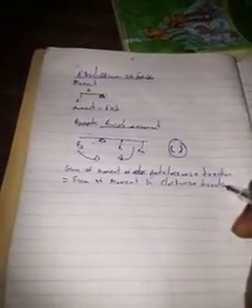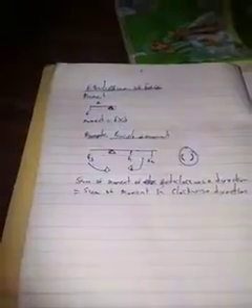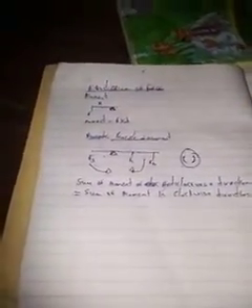I'm just trying to give a simple illustration. We are still going to Lami's theorem and the parallelogram law. But for now, let's just talk about the principle of moment, before we talk about the principle of couple also.